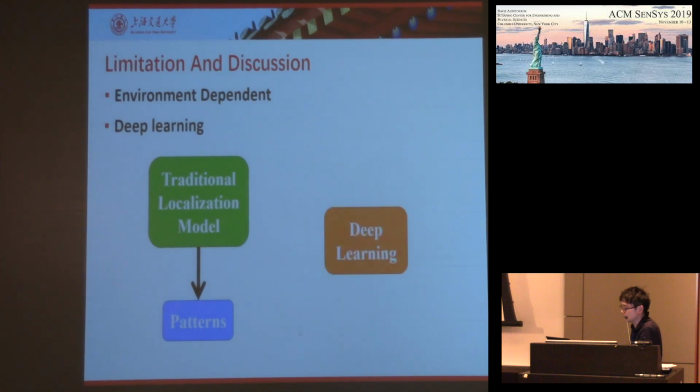So how about using deep learning algorithms to take full advantage of these patterns? And in return, it can also improve the accuracy or the performance of a traditional localization model. And I also believe that these ideas can apply to localization for other devices such as Wi-Fi.